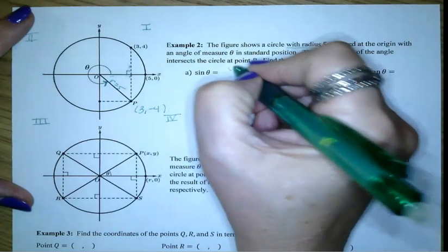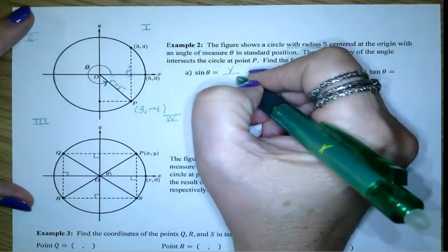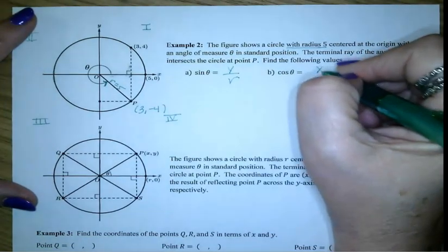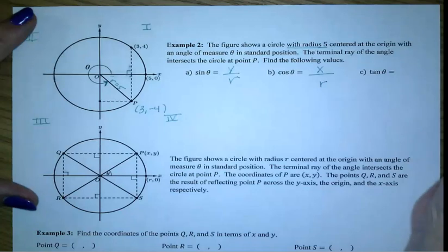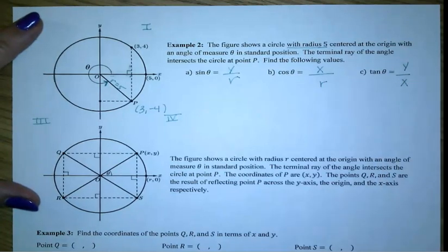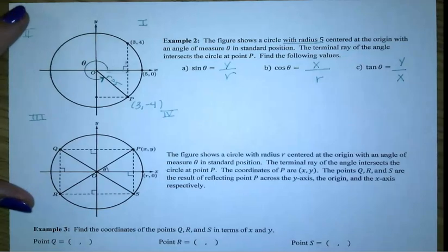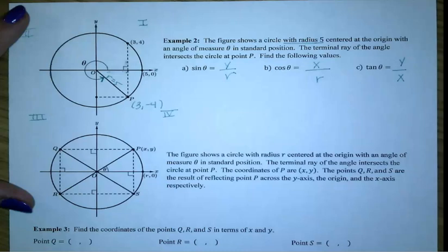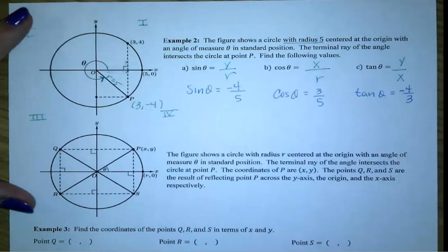So sine is the vertical displacement over the radius. Cosine is the horizontal displacement over the radius, and tangent is the vertical displacement over the horizontal displacement. So using those ratios, I want you to determine what is sine of theta in this situation. So go ahead and pause your video.